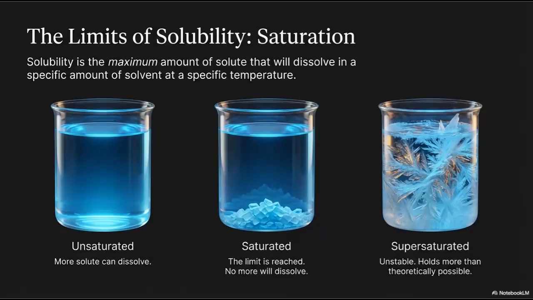And if you increase temperature, you might be able to dissolve a little more, which is going to create a supersaturated solution because it holds more than theoretically possible. And there's some situations in which you want to do that. And you need to be able to determine which of those three situations you have happening. And there's an easy way to do that.